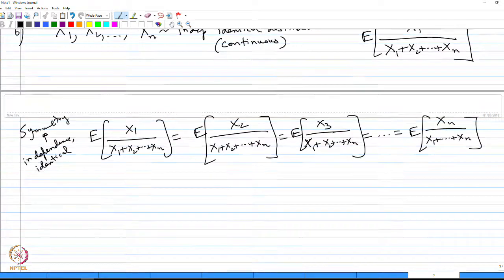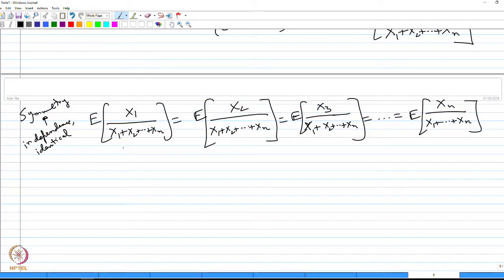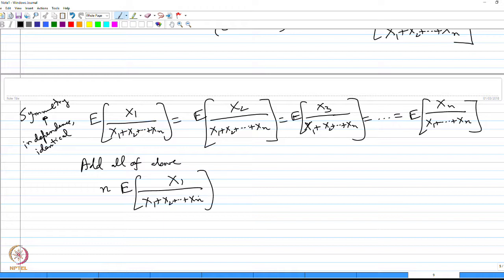The next observation is: if you add up all these expectations, what will you get? They're all equal, so you will get n times the expected value of x1 by x1 plus x2 plus xn. If I add all of them, I get n times this. But you can also add them the other way around.